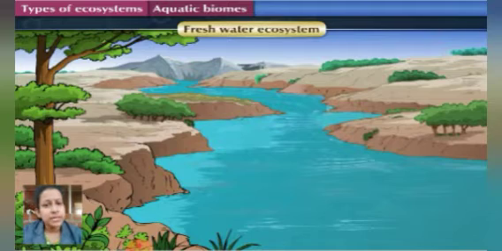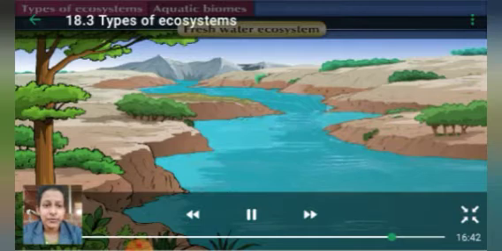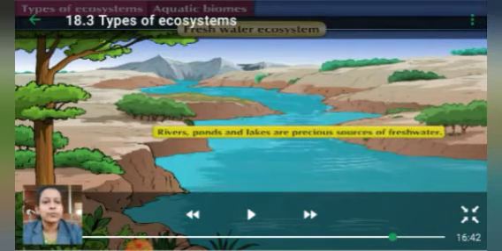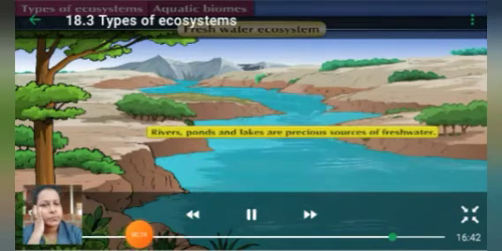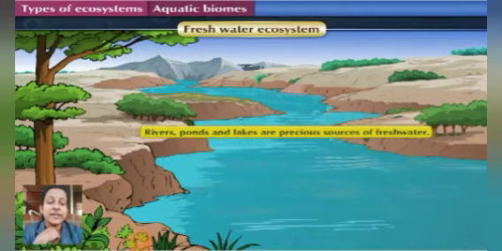But freshwater systems like the local ecosystems, river, ponds and lakes, are they safe? Okay, are they safe? These are very rich in biodiversity, and rivers, ponds and lakes are precious sources of fresh water.